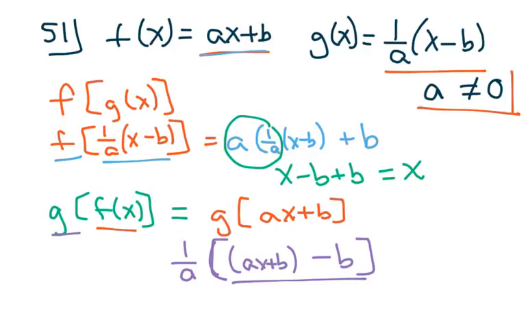I'm going to clean this up, and I get ax, because basically I could erase this parentheses here, and b minus b is 0, so that just equals x. And that is all.